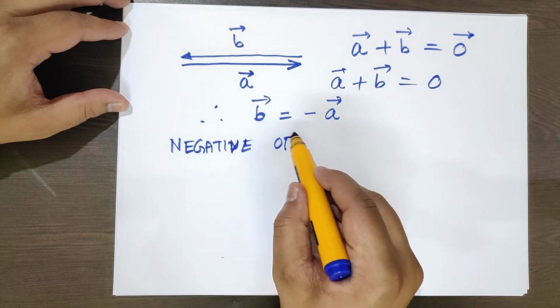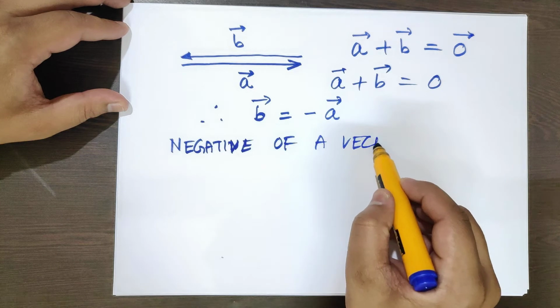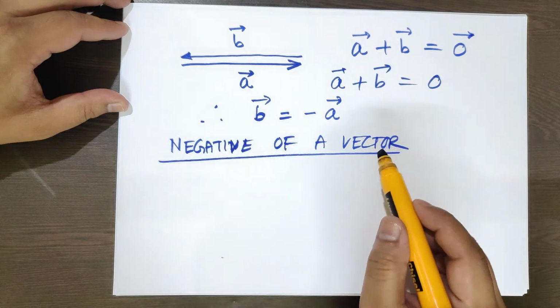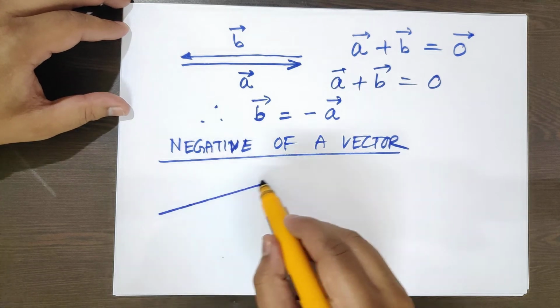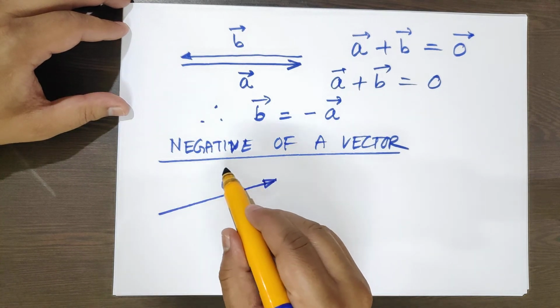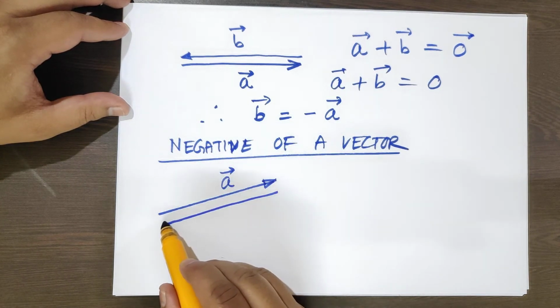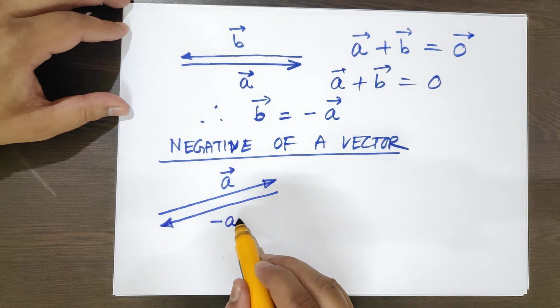Negative of a vector. So if you have a vector A here, then the negative of the vector is this one, right?